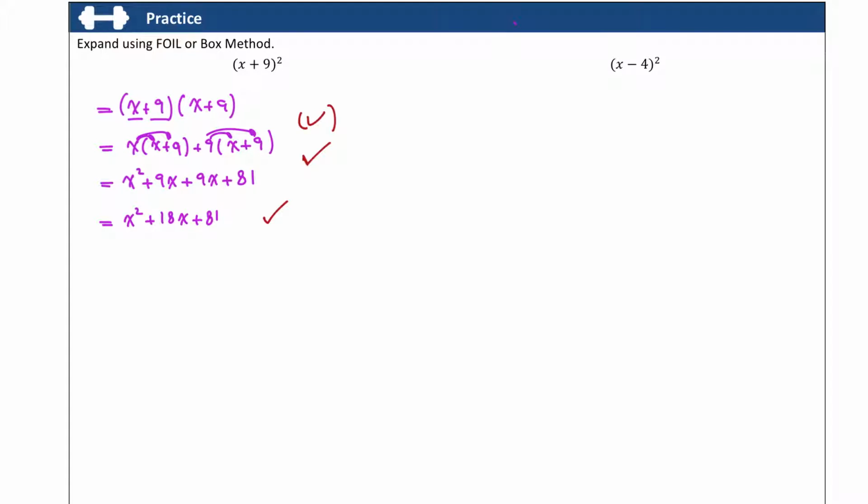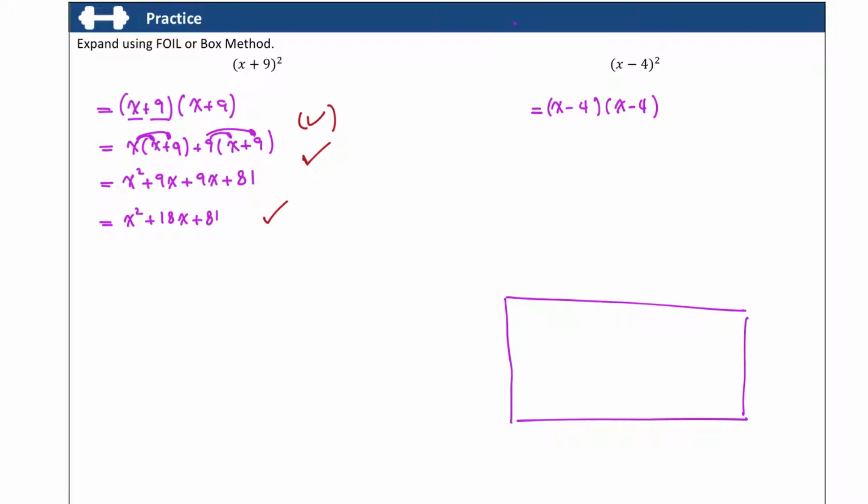For the next one, I'll use the box method. So this one, I'm getting x minus 4 times x minus 4. So I'll just draw the box right here. And I get x, negative 4 and x, negative 4. I get x times x is x squared.